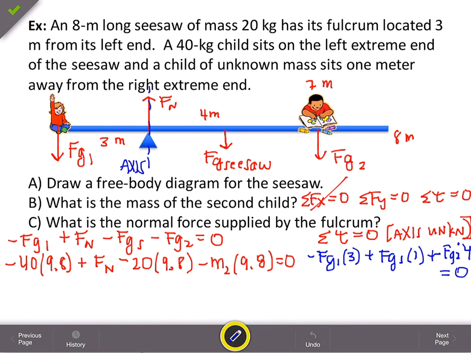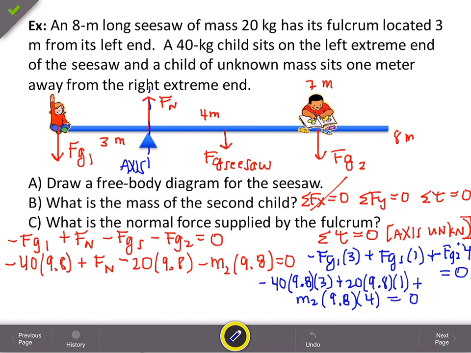We'll plug in here. Negative 40 times 9.8 times 3 plus 20 times 9.8 times 1 plus M2 times 9.8 times 4 equals 0.